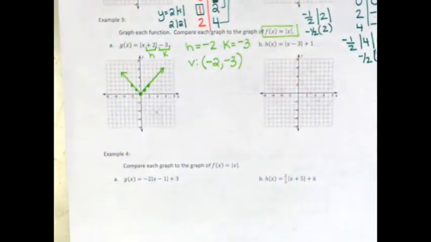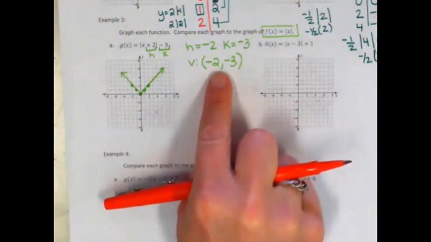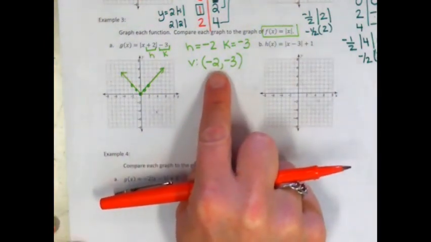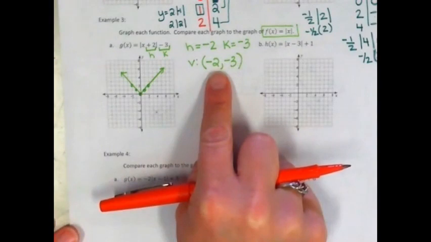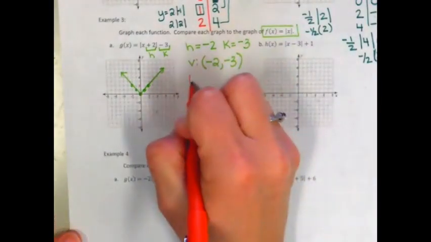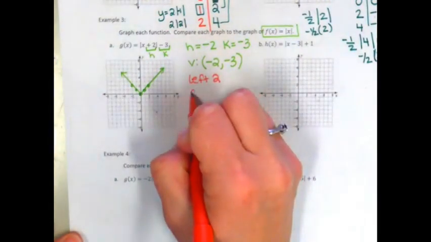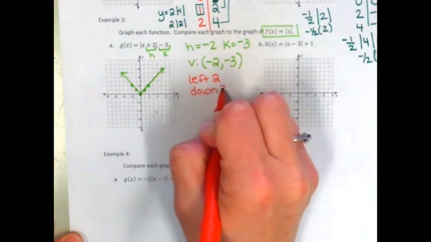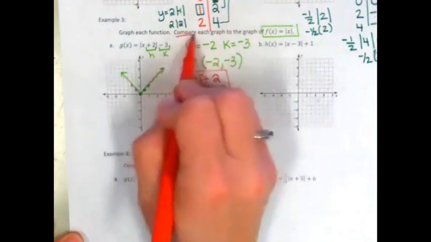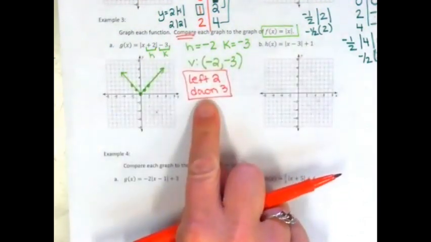Now, for us to compare this, can you guys tell me how to graph -2, -3? I go left 2 and down 3. When it says compare, by saying left 2, down 3, that's your comparison.